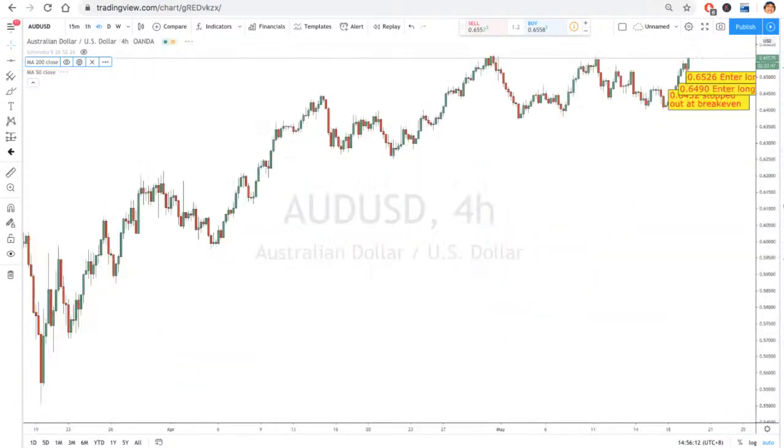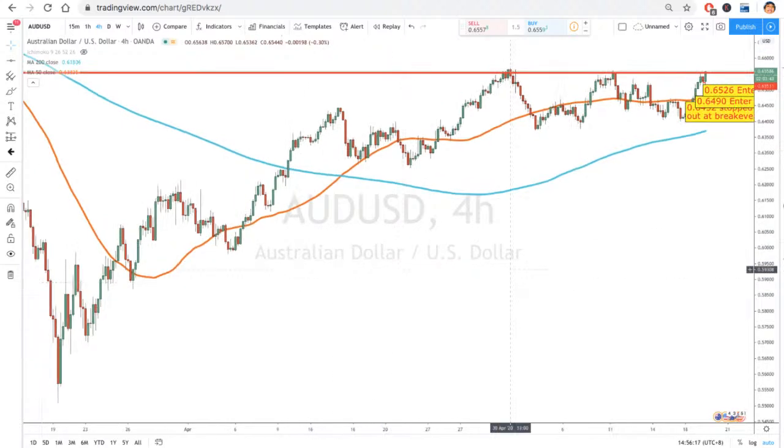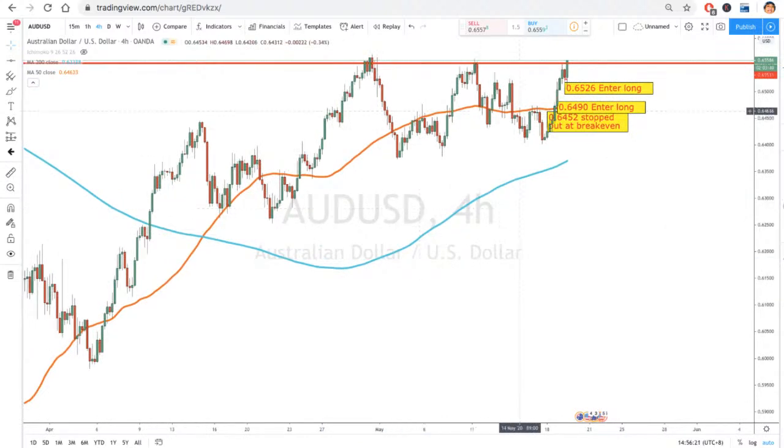The next target to sell is on the 4 hour time frame, which is also on this 50-day moving average, which it clearly took out. We sold here and we were stopped out as well.